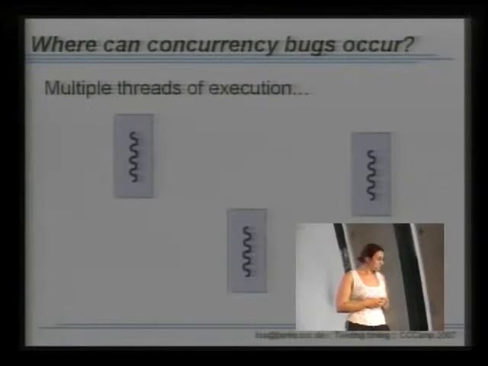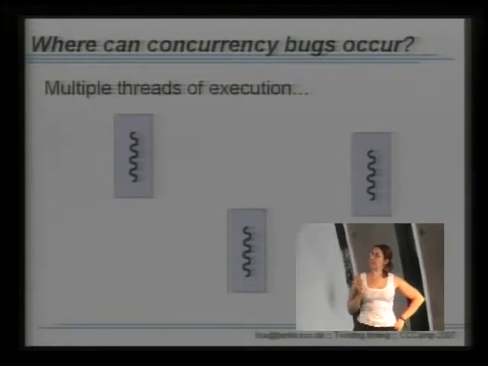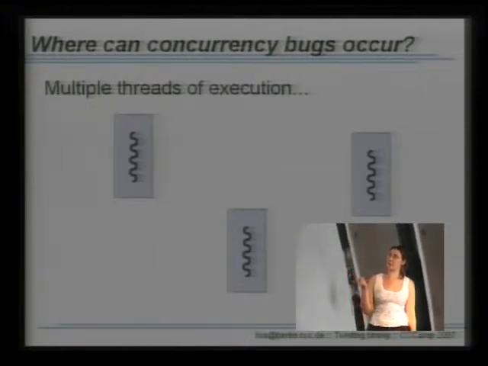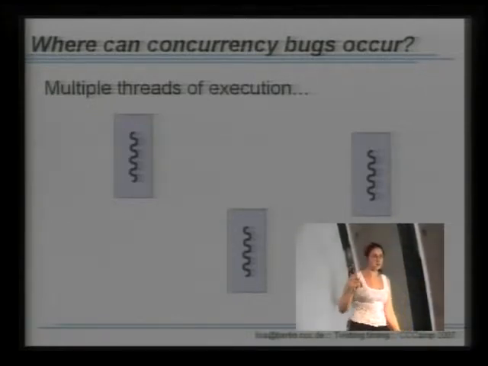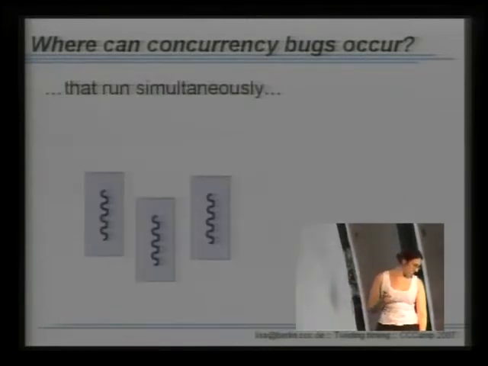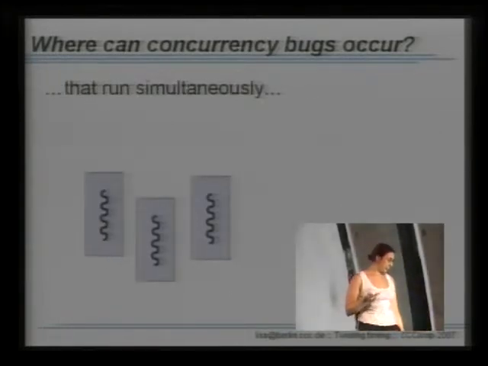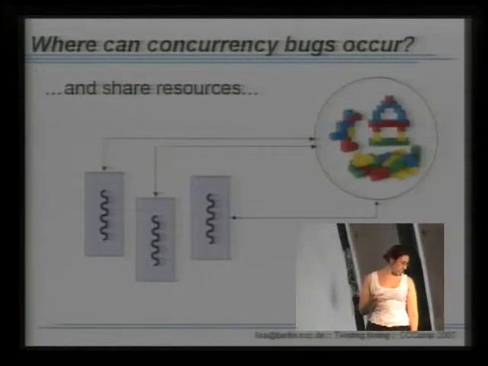That's better. So I was rambling on about multiple threads of execution, which can mean threads as in pthreads or Win32 threads, but also processes on different hosts. The next requirement is that they run simultaneously and share resources.